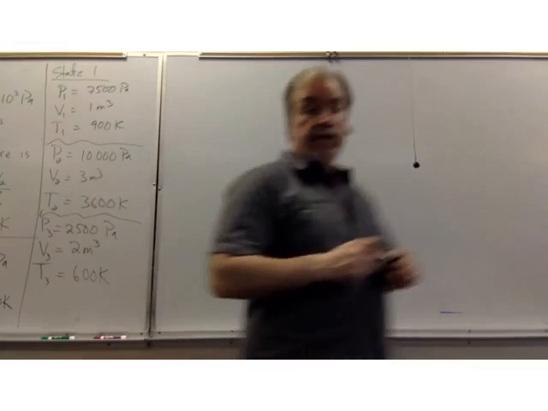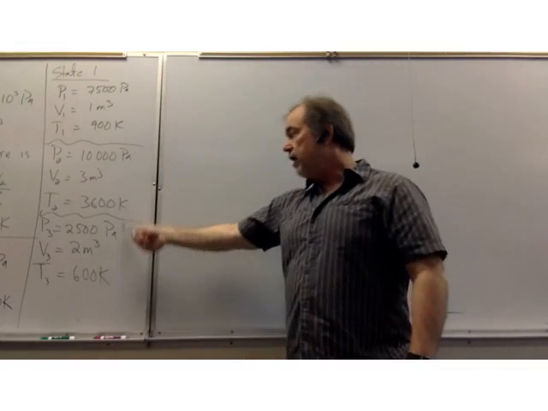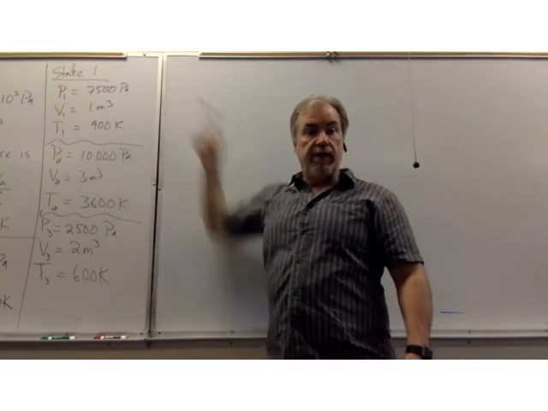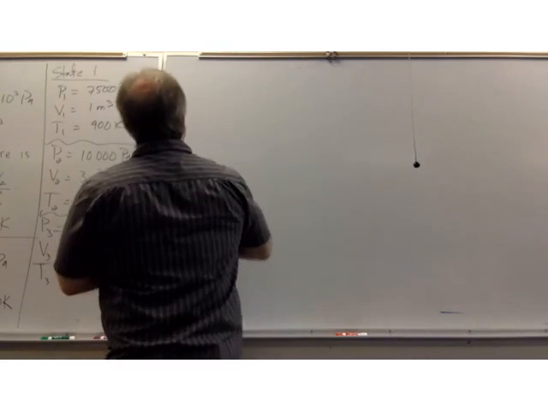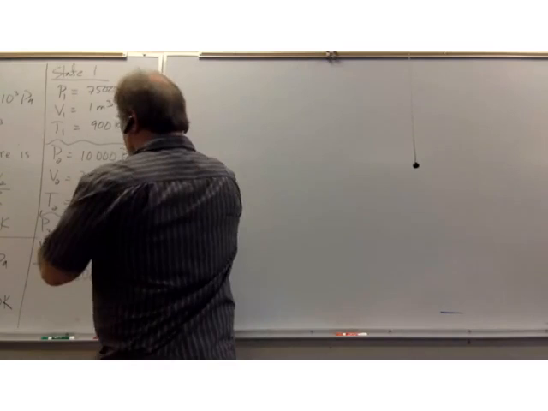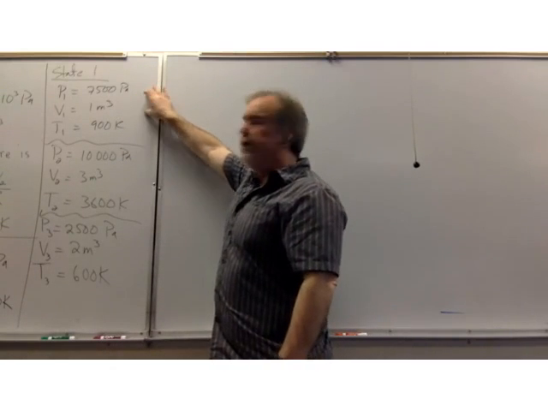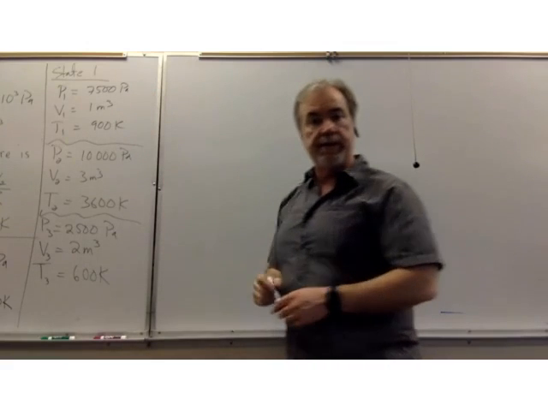Now, you should spend some cycles convincing yourself that it's reasonable that the temperature here should be significantly lower than the other two. In each case, we were given the pressure and volume, and we were asked to then determine the corresponding temperature.